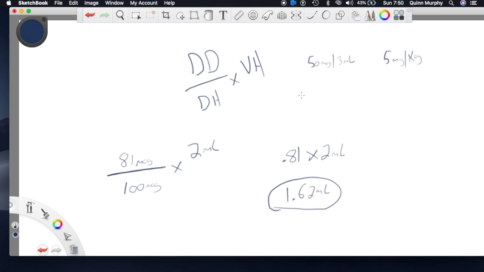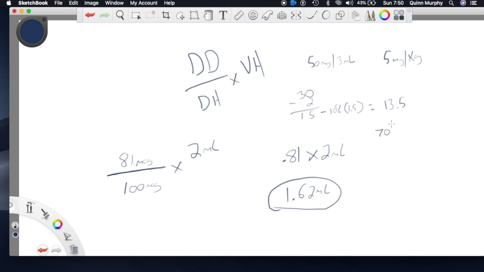If we take 30 divided by 2, it's 15 minus 10%, which is 1.5. That gives us 13.5 kilograms. I'm just going to round this up to 14, and I'm going to times that by 5, which is going to give me 70, I believe.